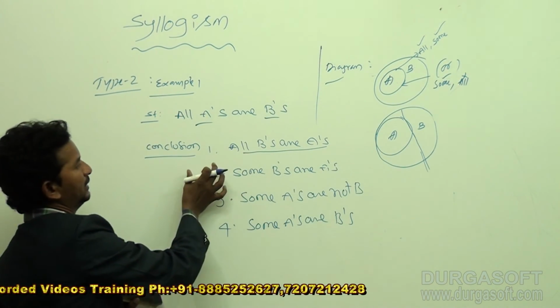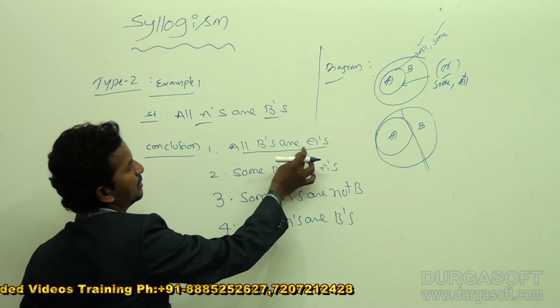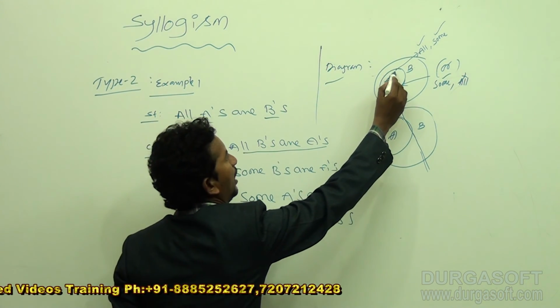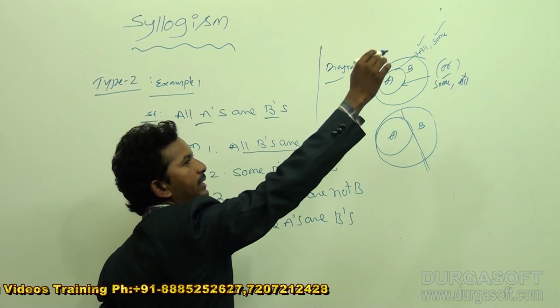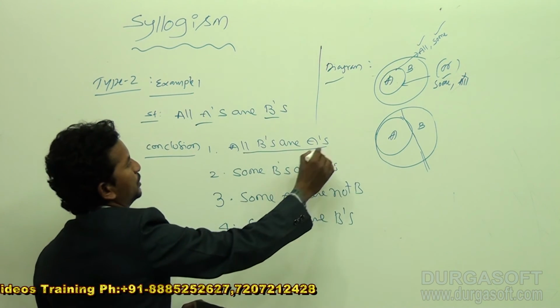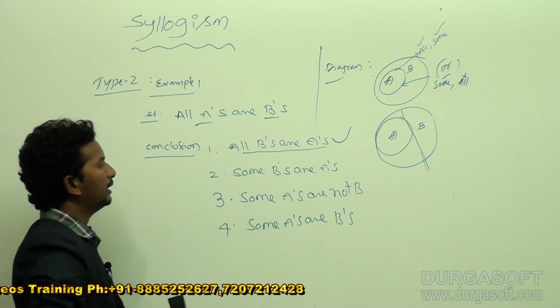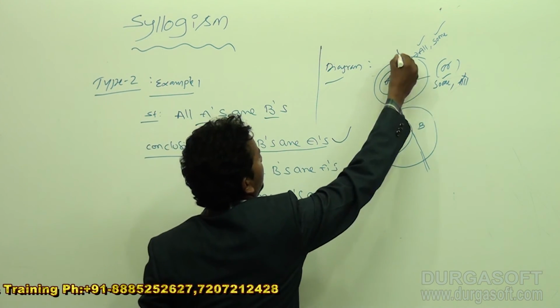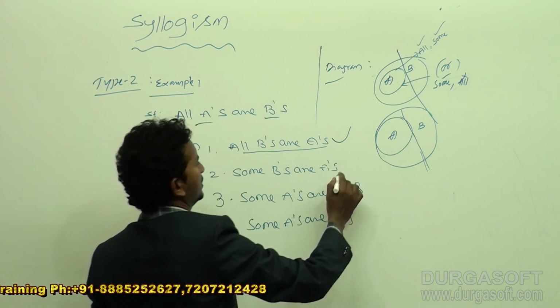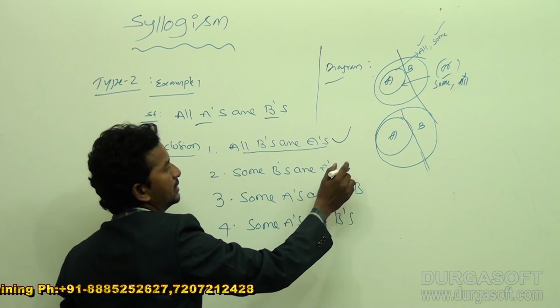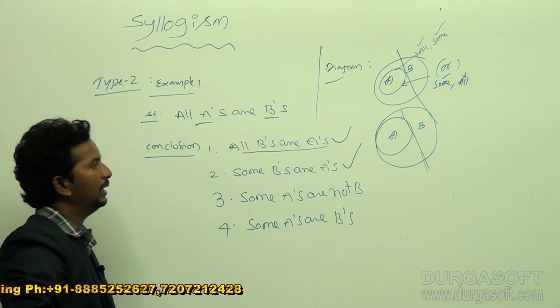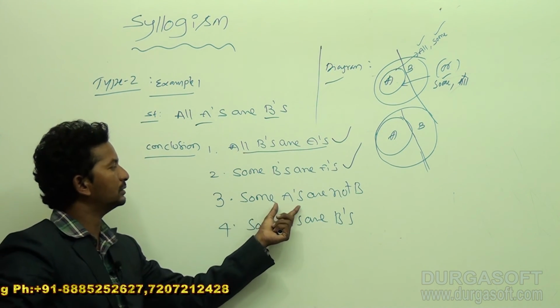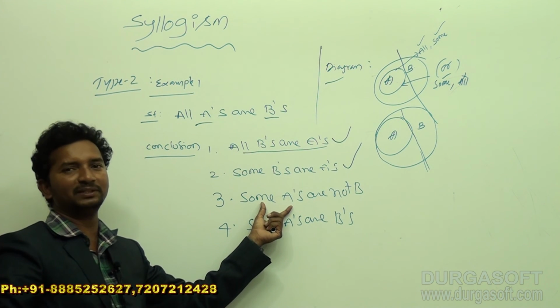Now coming to the conclusions: all B's are A's. Coming to the all, this is going like this, all A's are B's. This is true here. Coming to this one again, some B's are A's. Seeing the some B's, this is true. Some B's are A's. Okay. Now coming to the all, some, take the conclusion number 3 here.